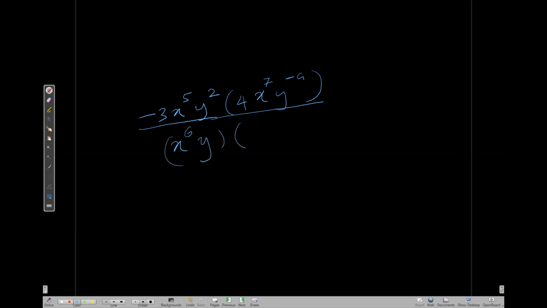Again simplify: -3 x to the 5th y squared times 4 x to the 7th y to the -9, divided by x to the 6th y times y to the -3rd x to the 6th. What do you think will happen? So let's give it a try.